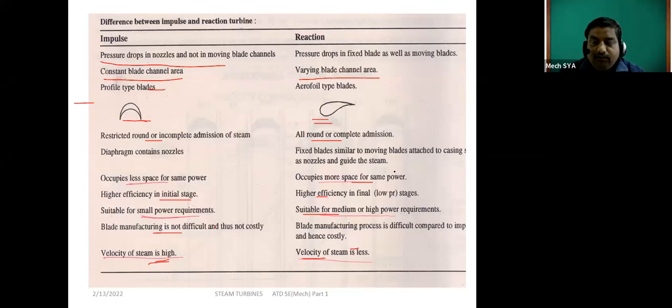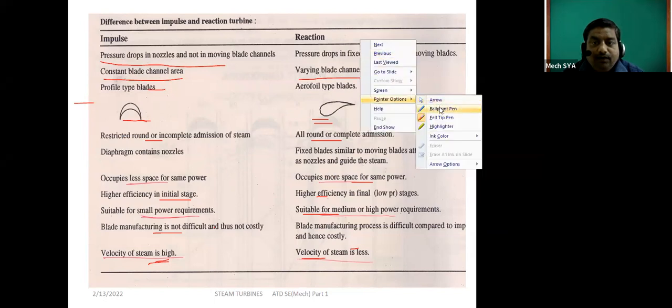Afterwards we'll go for the comparison, the difference points, between the impulse turbine and reaction turbine. Pressure drops only in the nozzle in the case of the impulse turbine, whereas in the reaction turbine pressure drops continuously in the fixed blades as well as in the moving blades.